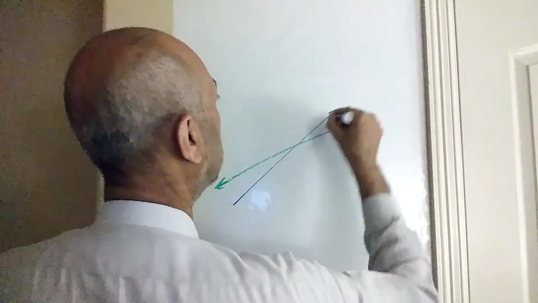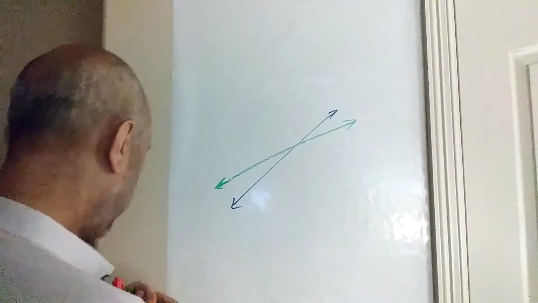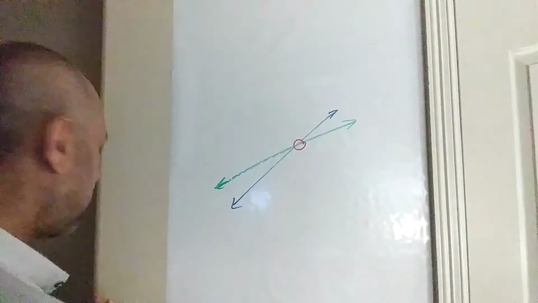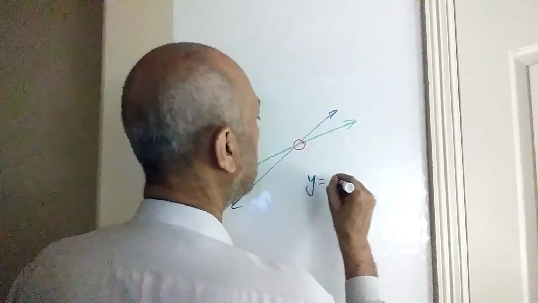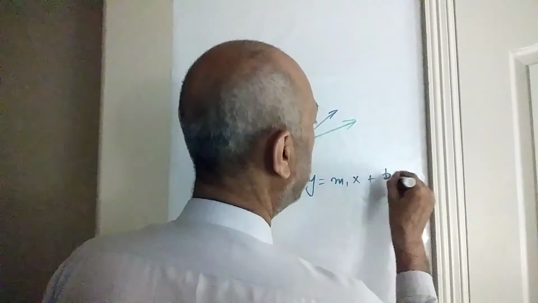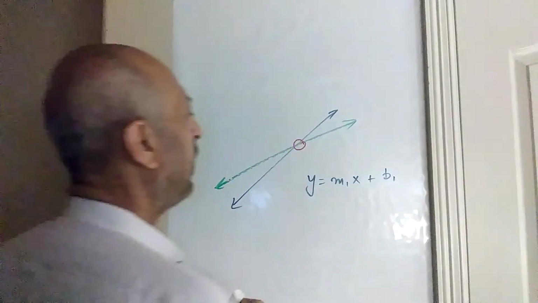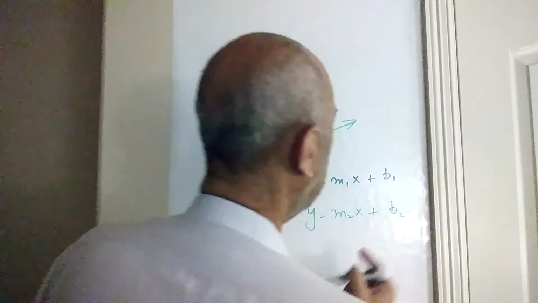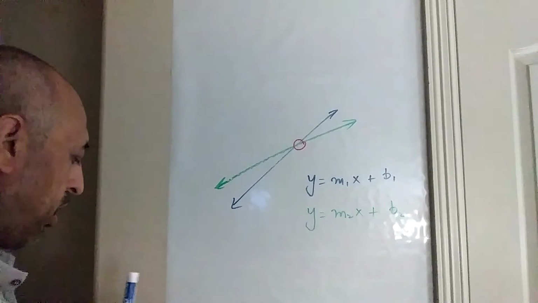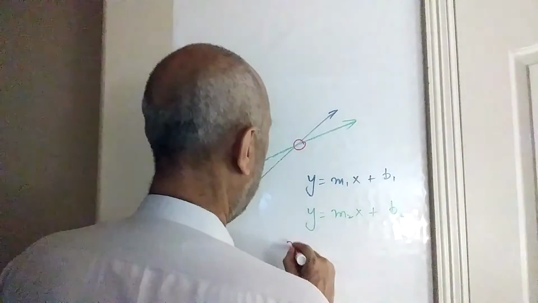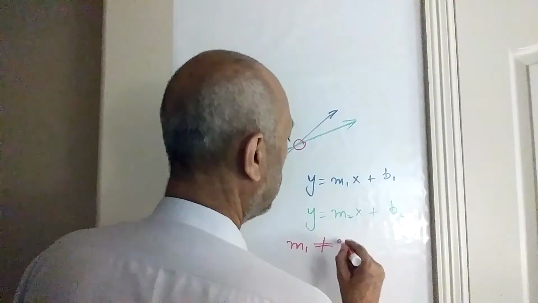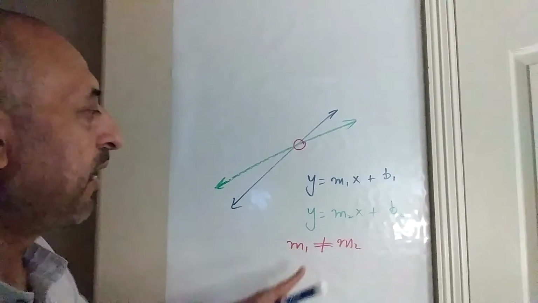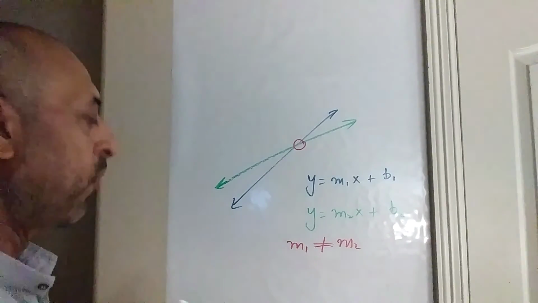They will intersect at a point, and the point of intersection will be that one solution that they have, and that's the situation when I say y is equal to m1x plus b1 and y is equal to m2x plus b2, and if m1 is not equal to m2, we don't worry about b1 and b2. They could be the same, they could be different. As long as the slopes are different, we have one solution.